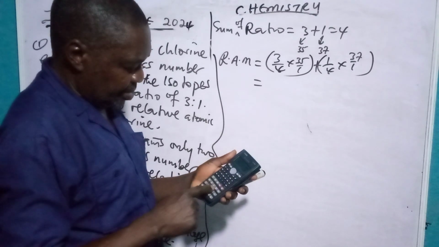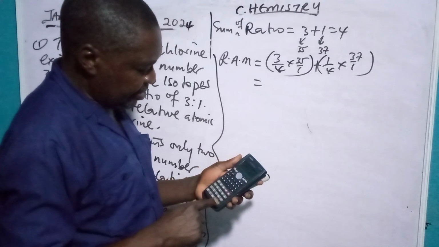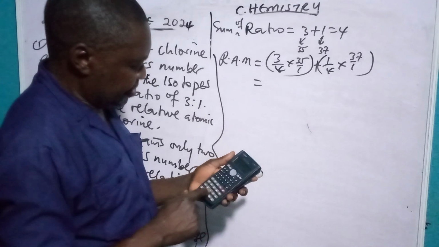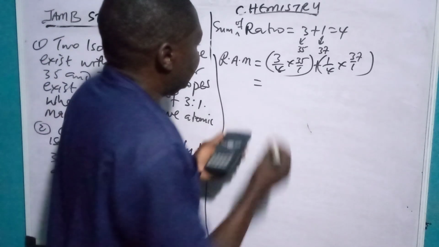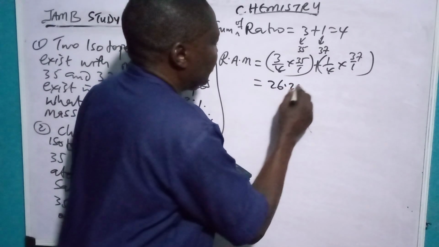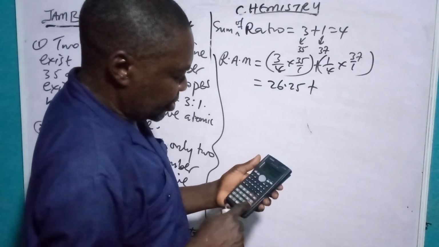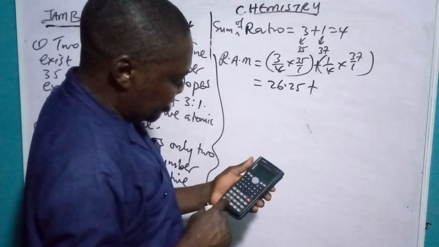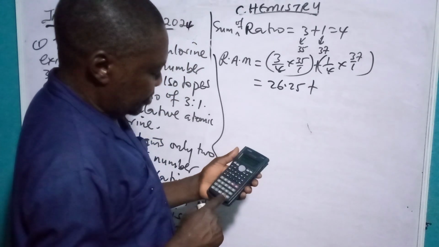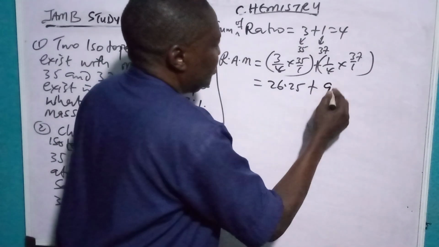3 times 35, divided by 4, gives you 26.25. 26.25 plus 1 times 37 is 37, divided by 4, gives you 9.25.